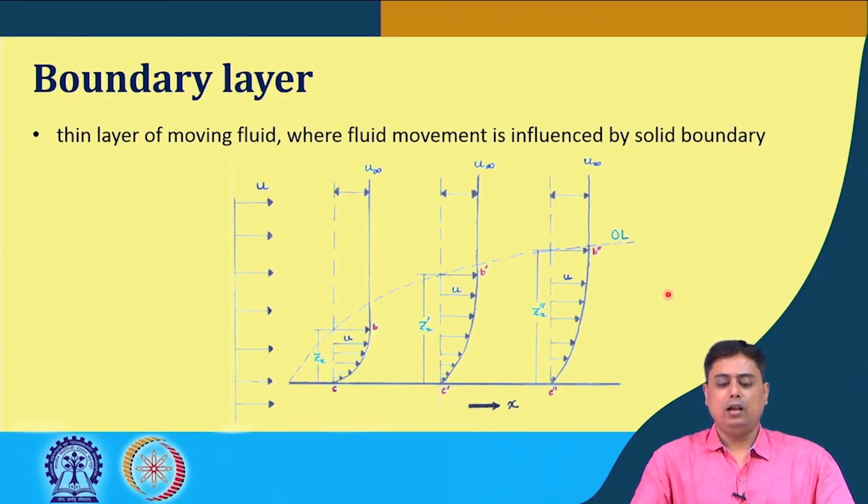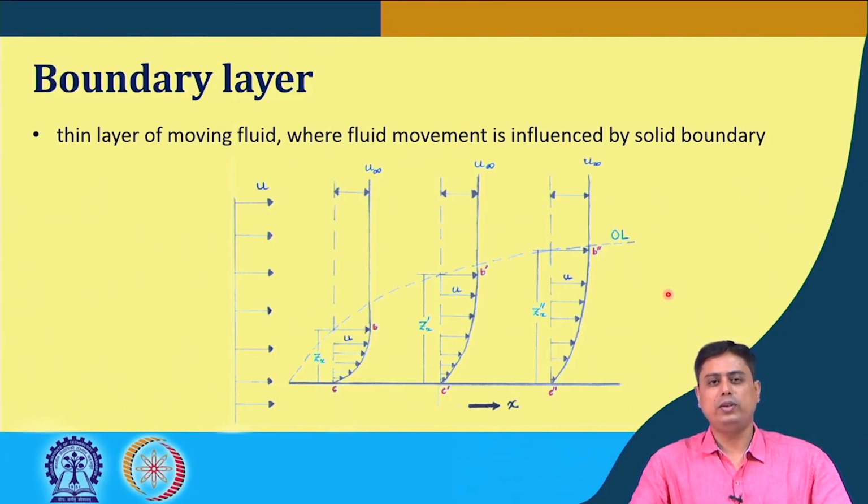One where the fluid velocity is influenced or gradually changes from near surface, that is 0, to a velocity that is close to the bulk fluid velocity, or we say that as a free stream velocity, and the other region where we see that the velocity is not influenced or nearly constant or nearly not varying with the distance that is from the leading edge of the flat plate.